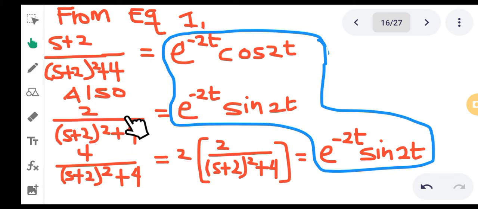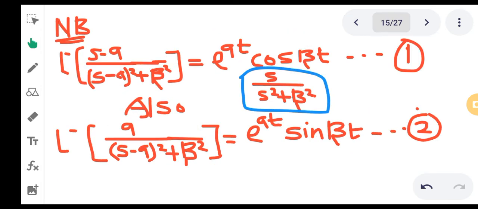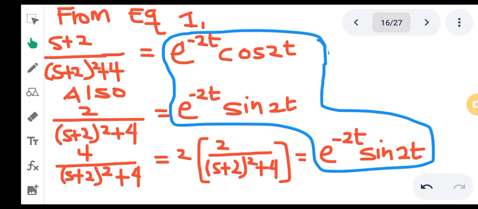So the 2 here is the beta, and the 2 here is the a. Remember when it was minus, we had positive at. So whenever it becomes positive here, the a becomes negative. Very simple.